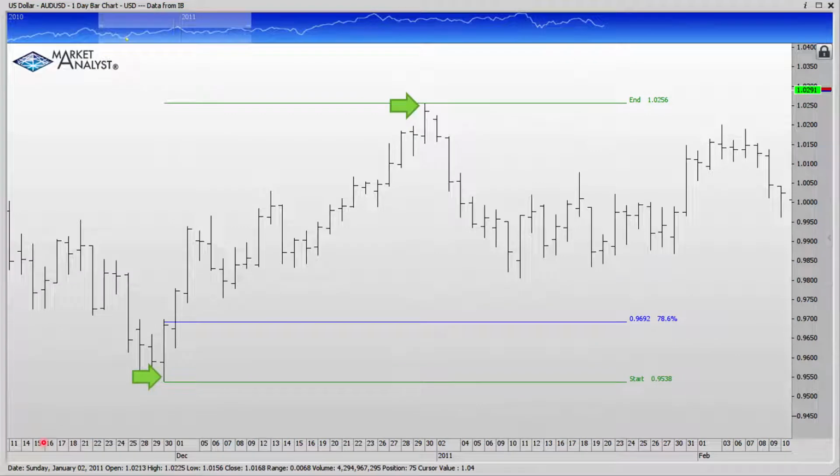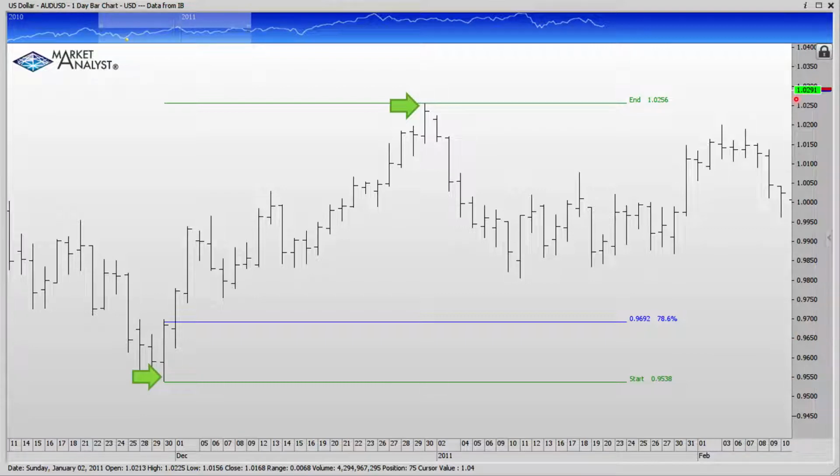Here's a chart of the Australian dollar, and I've used the price retracement technique on this chart, measuring from this low here at 95.38 up to here at 102.56. What I'm doing, I'm measuring price on this axis here on the right-hand side.